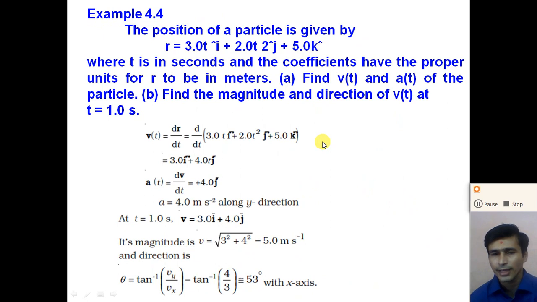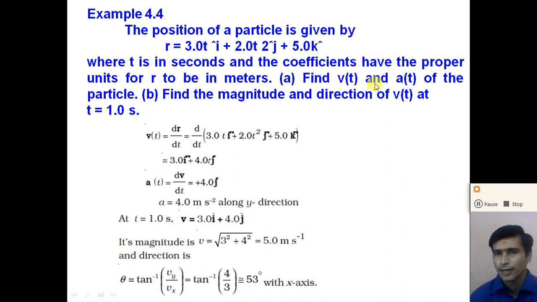Now how can we calculate the velocity and the acceleration from the equation of the position? Let us understand with the help of one example. Example number 4.4 is given in the textbook also. Here the position of the particle is given by a position vector, r is equal to 3t i plus 2t square j plus 5k, where t is in seconds and the coefficients have proper units for r to be in meters.